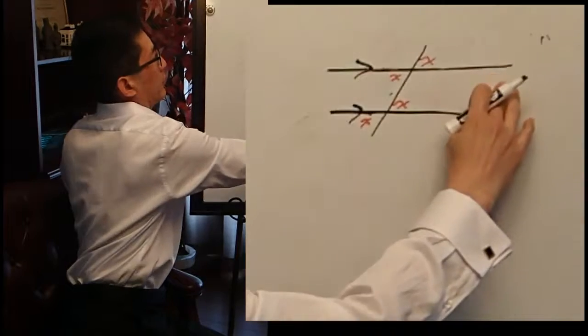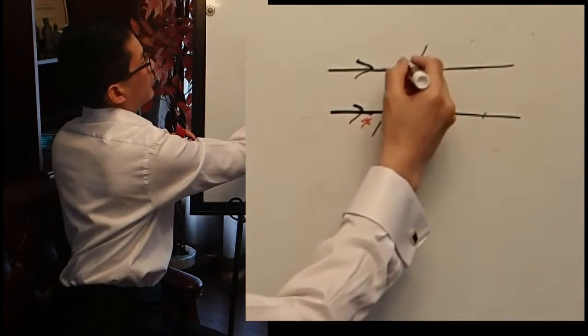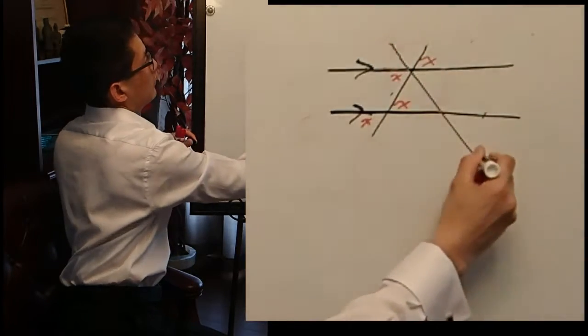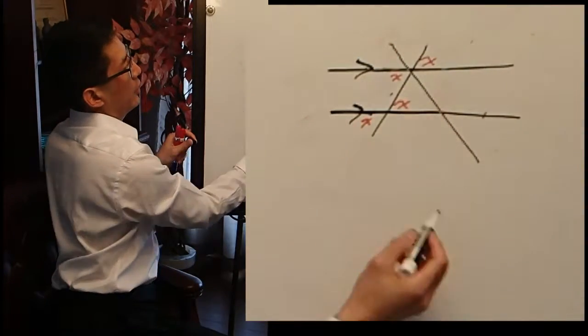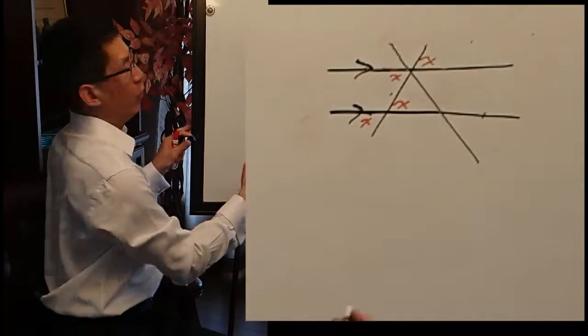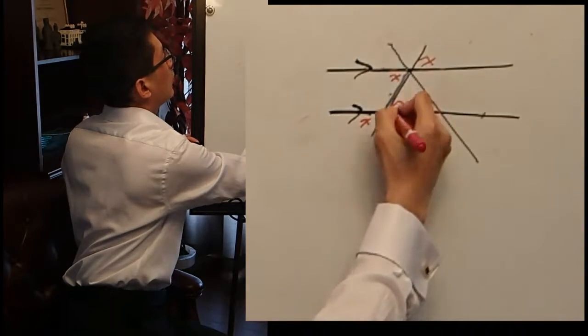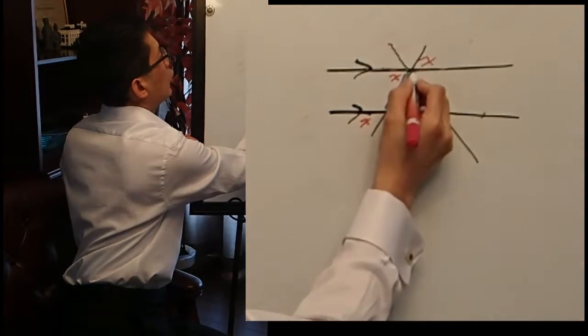Let's go to triangles. So if we get rid of these extra lines here, and I put another transversal here which corresponds to that point of crossing there, we have now created a triangle which I will outline for you in blue.